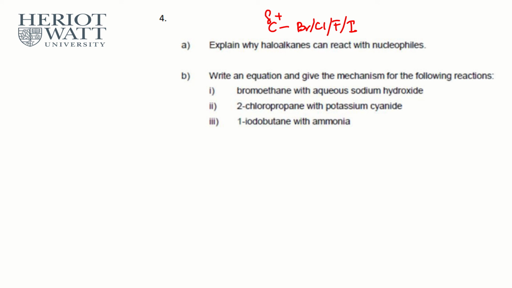That's the main reason, because this alpha carbon, or delta positive carbon, is always attached to a delta negative halogen, right? Because this delta positive carbon is lacking electrons, the nucleophile will love it, because a nucleophile has at least 1 lone pair. So they love to attack anything that is positive or delta positive. So due to the presence of a partially positive alpha carbon, that would do.